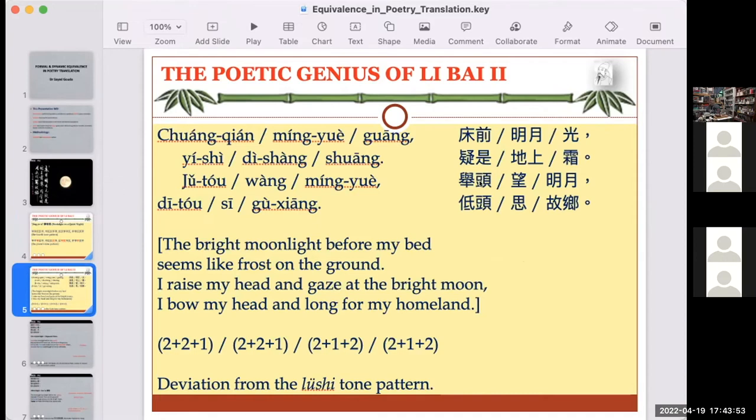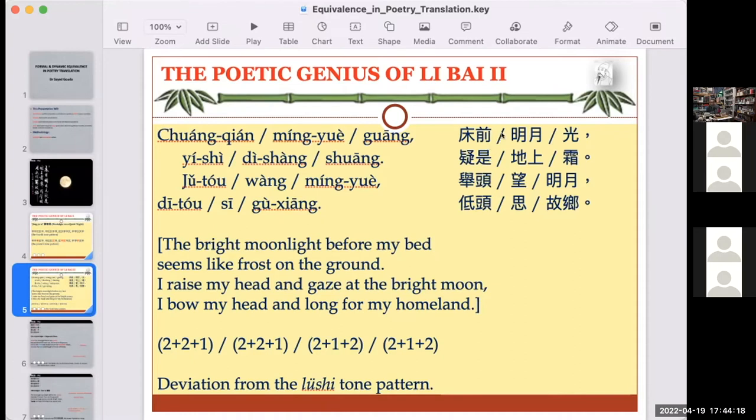These groups are called 音组, sound group, you may call it. But this 音组 in English means the foot, F-O-O-T. In Chinese, 音部. Bu here is the foot.